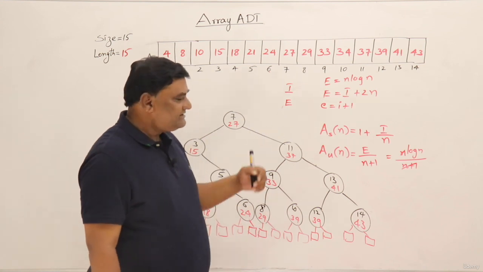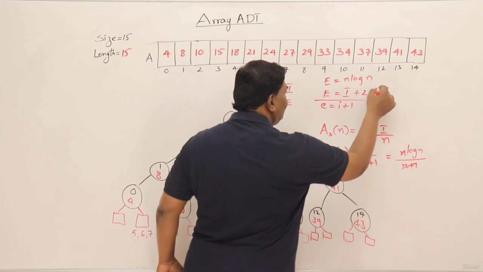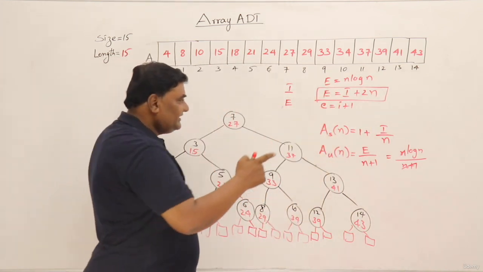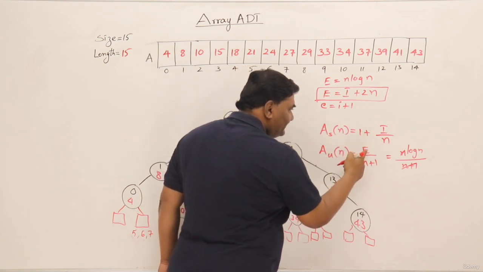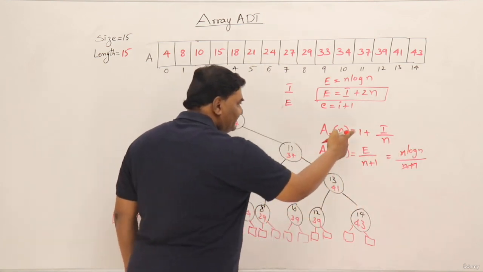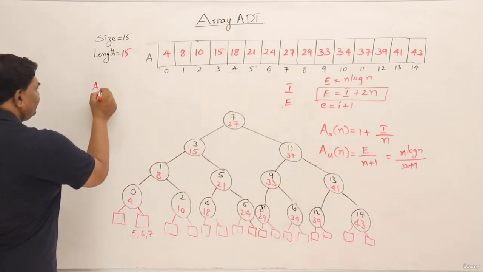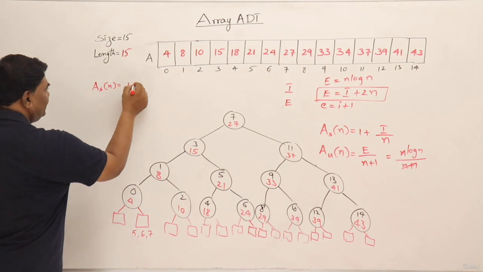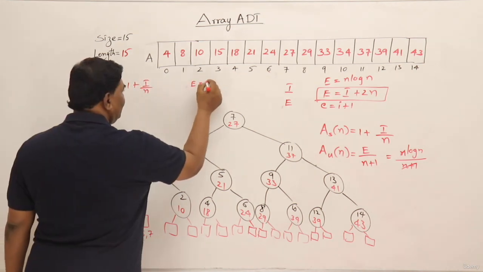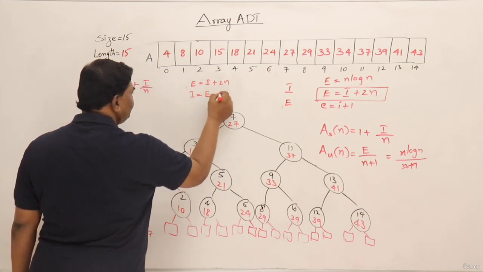Then what about successful search time? From this formula, we can say that E and I are related to one another. So in this formula, I will replace E, because E is how much? n log n. Let us change this formula. Average successful for n is equal to 1 plus I by n. E is equal to I plus 2n, so I is equal to E minus 2n.